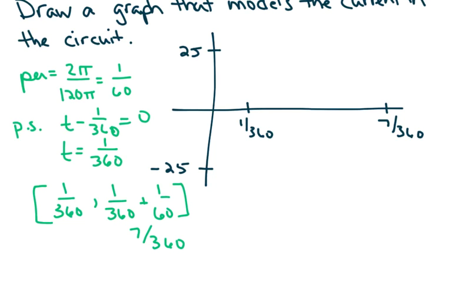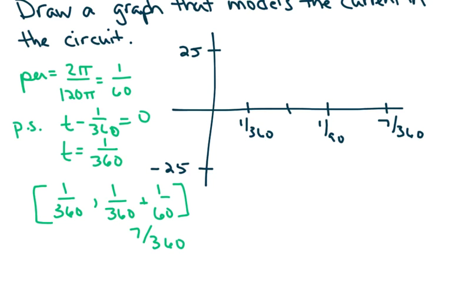In order to find out what the tick mark halfway in between is, the tick mark in between is the average of these two numbers. So if you add them and then divide by 2, you may have to hit math enter, enter. You'll find out where it's at. And it's going to be 1 over 90.